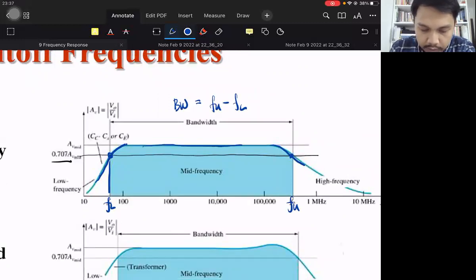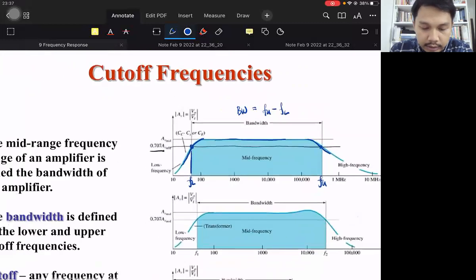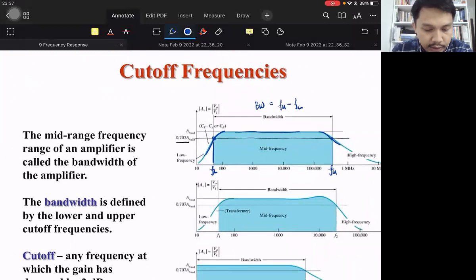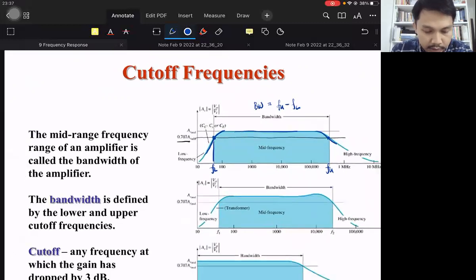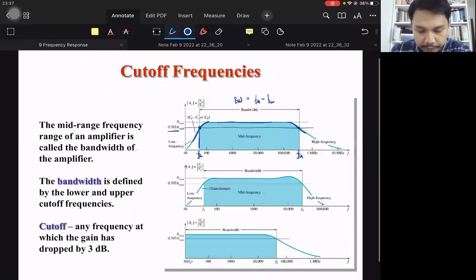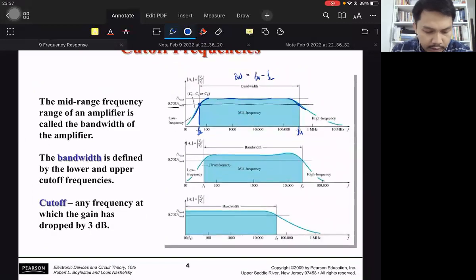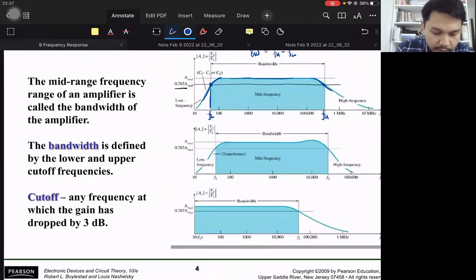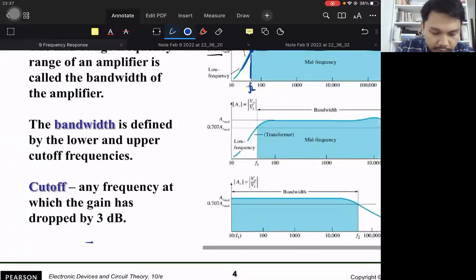It is where the capacitance has no effect on the signal. Mid-range frequency of an amplifier is called the bandwidth, the bandwidth of the amplifier. Bandwidth is defined by the lower and upper cutoff frequencies, at which the gain has dropped by 3 dB. Okay, or there is a decrease of 3 dB.